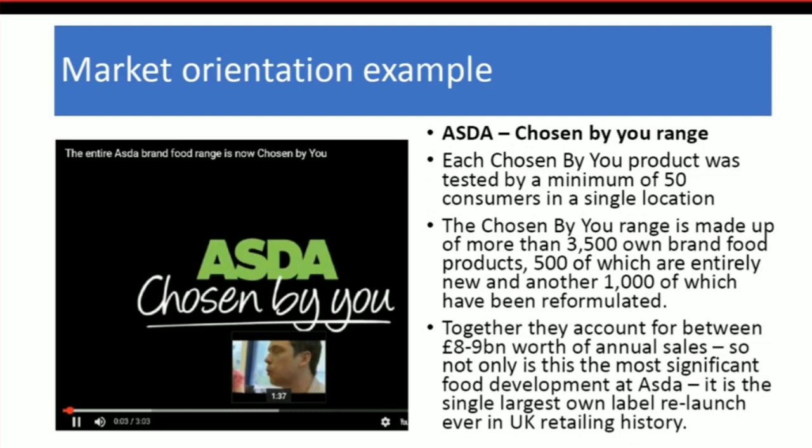Basically, the Chosen by You range is made up of more than 3,500 own brand food products, 500 of which were entirely new, and another 1,000 of which have been reformulated, which means remade. One important thing: the marketing officer of Asda, the woman at the beginning of the video, said we are actually making our customers taste the product and they are judging.